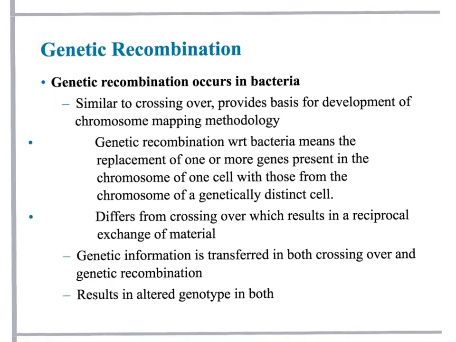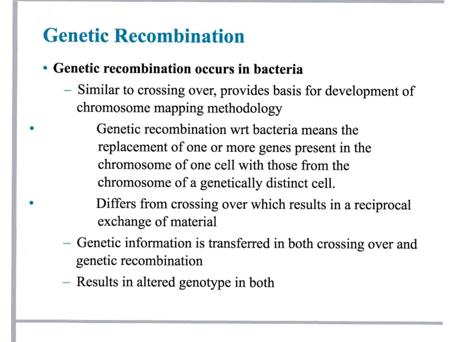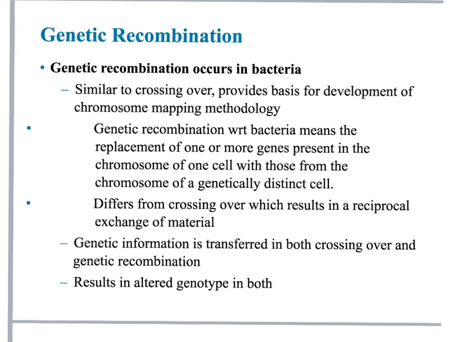Genetic recombination occurs in bacteria. We know that now, and it's similar to crossing over. With the chromosomes, the crossover, if you think of chromosome 1 and chromosome 2, the sister chromatids would recombine, so you get that crossover here, and they exchange the genetic material.